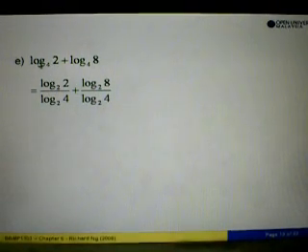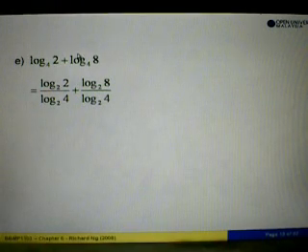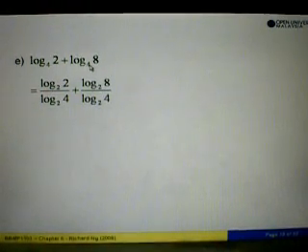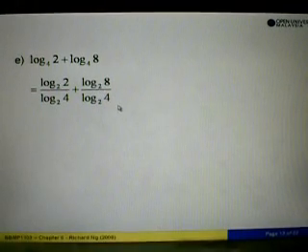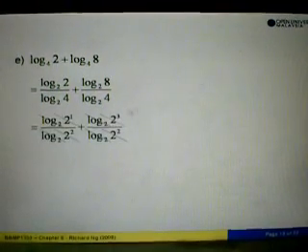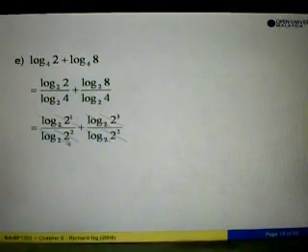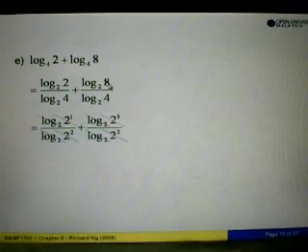When we change to base 2, we have log base 2 of 2 over log base 2 of 4. Remember that? Plus log base 2 of 8 over log base 2 of 4. 8 will become the numerator and the 4 will become the denominator. So from here, change 2 to 2 to the power 1, 4 becomes 2 to the power 2. And here 8 will become 2 to the power 3 and 4 will be 2 to the power 2.